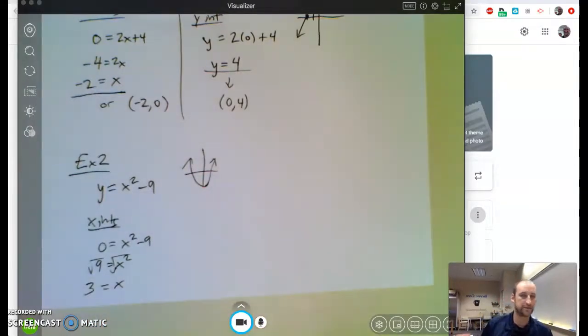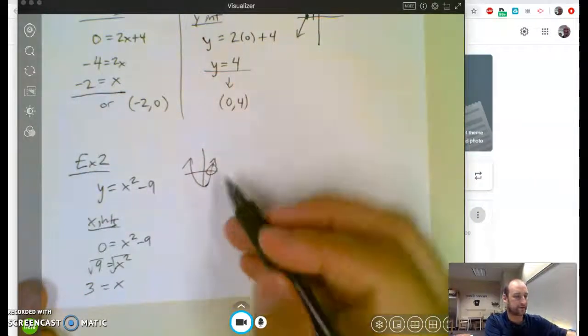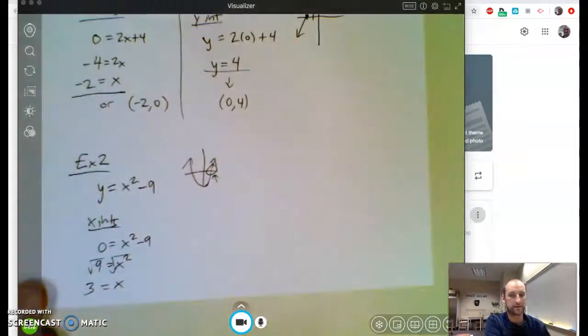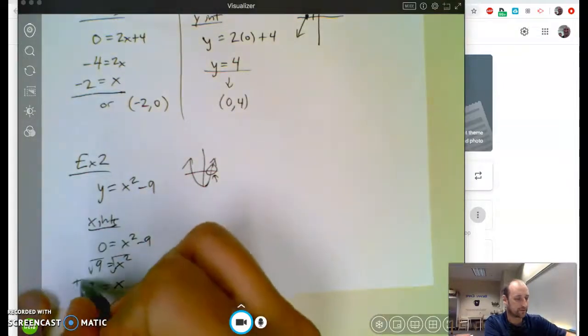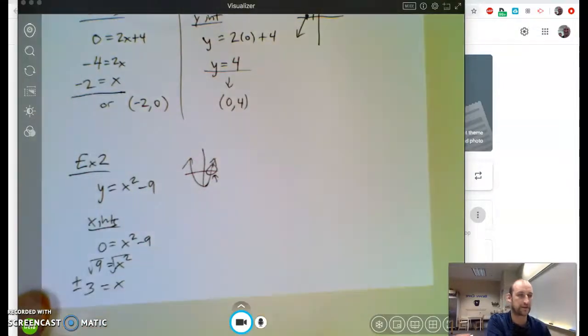My x-intercept's 3. Well, guess what? You missed one of them. If you just found out that one is 3, you missed this guy here. And that's because whenever you take the square root of a variable that's squared, you have to remember it's plus or minus the other side.